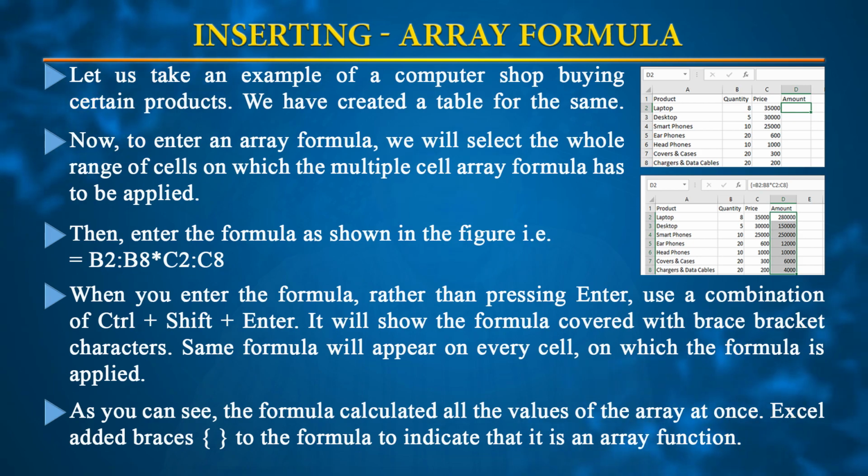So each cell in column D will have the values respectively, that is B2 into C2, B3 into C3, and accordingly up to B8 into C8, and respective results are reflected. So the values in column B and the values in column C of the Excel sheet are multiplied one by one respectively, and their results are reflected in column D.